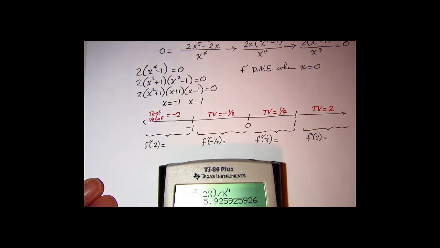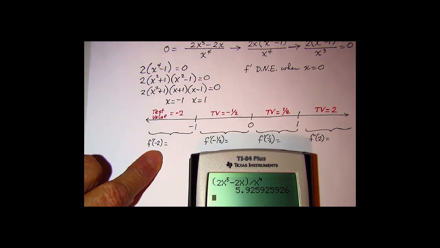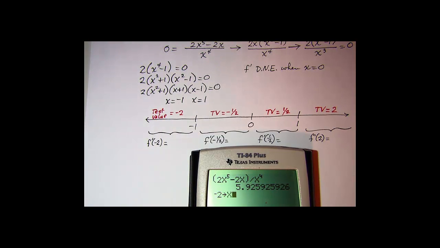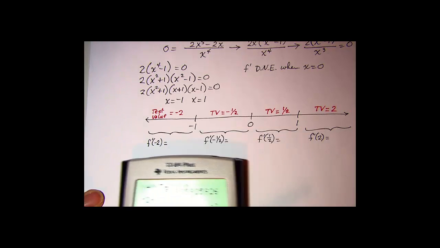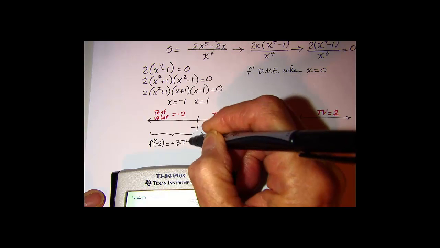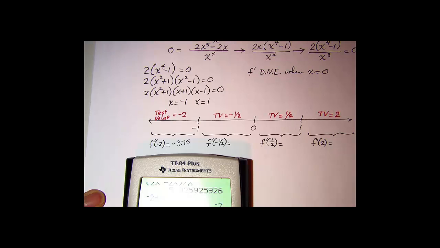And let's store -2, and we get -3.75, and we can store a -1/2, and get 15.